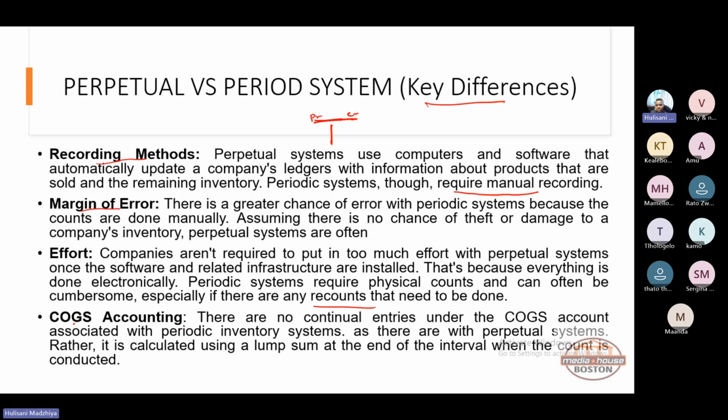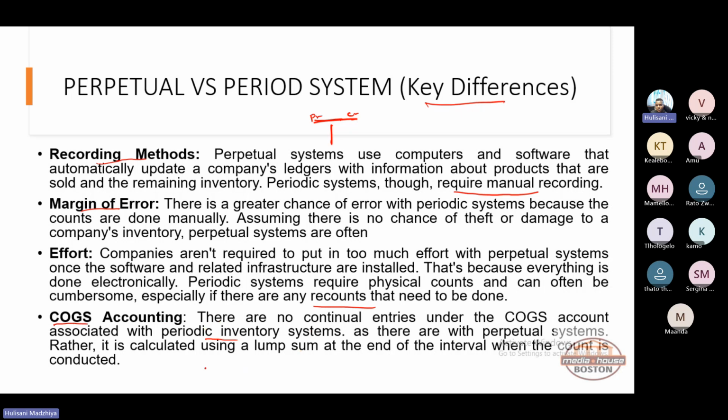And then in terms of cost of sales, which is also known as cost of goods sold, this means that there are no continual entries under the cost of sales associated with the periodic inventory system as there are with the perpetual system, because on perpetual we calculate everything daily, so we don't have to do much adjustment.